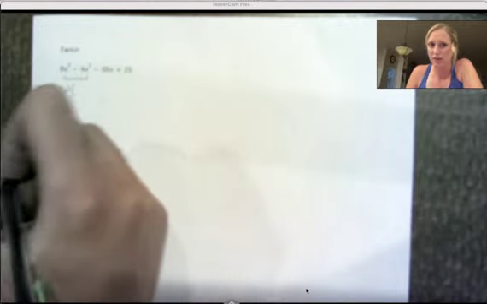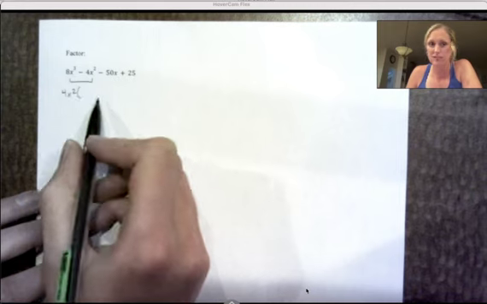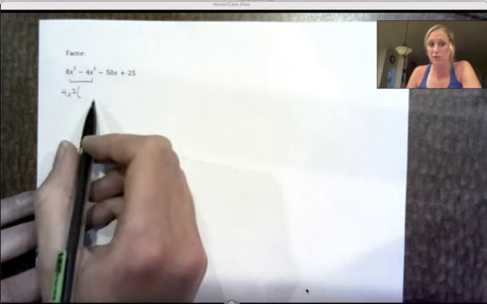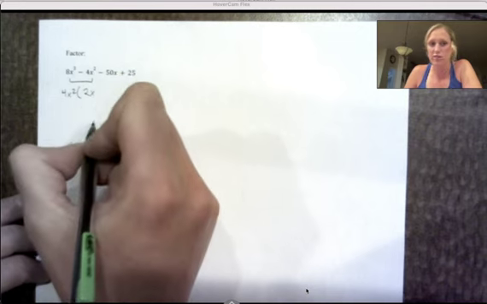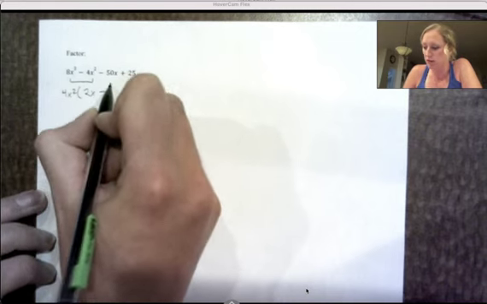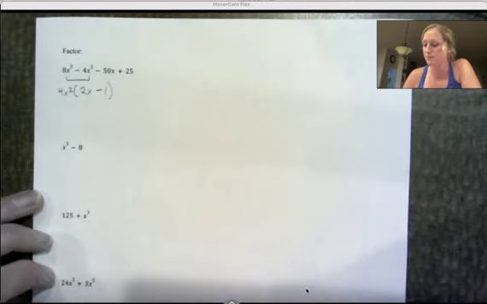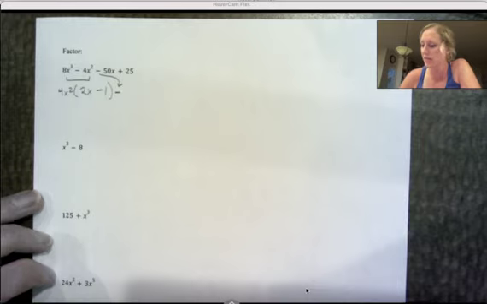By taking out the 4x squared, what's left is what happened after I divided by 4x squared. So 8 divided by 4 is 2. By taking out the x squared, I only have 1x left. We took out 4x squared from 4x squared, so I just have -1. This sign, remember we keep that, so I'm taking out something negative.